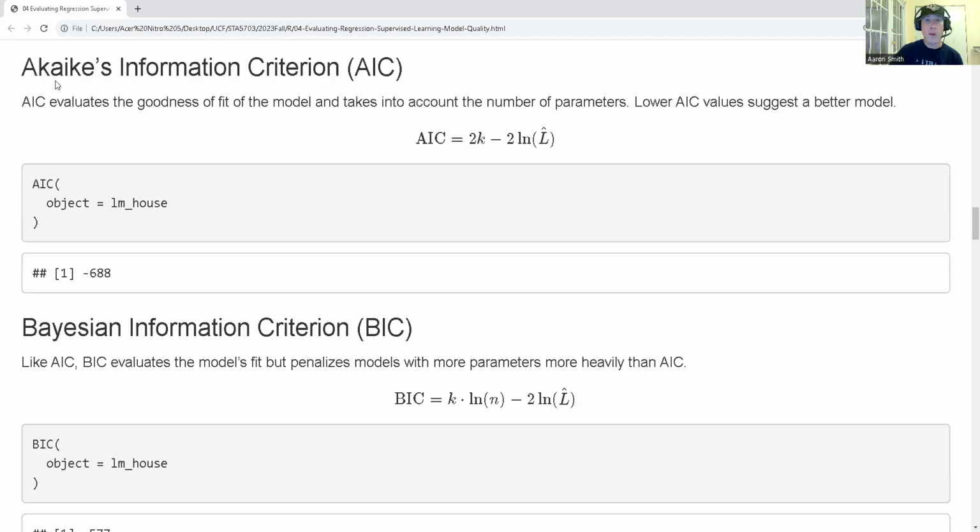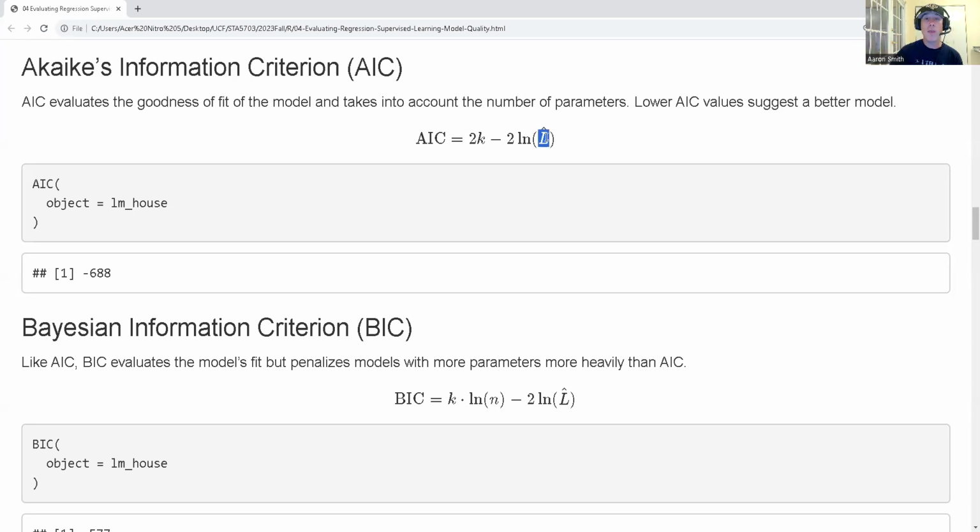Now, Akaike's information criterion tries to model how well the model fits along with how many parameters I have, how complicated of a model it is. This 2K represents how complex my model is. The more parameters I have estimated, the more complicated my model is.